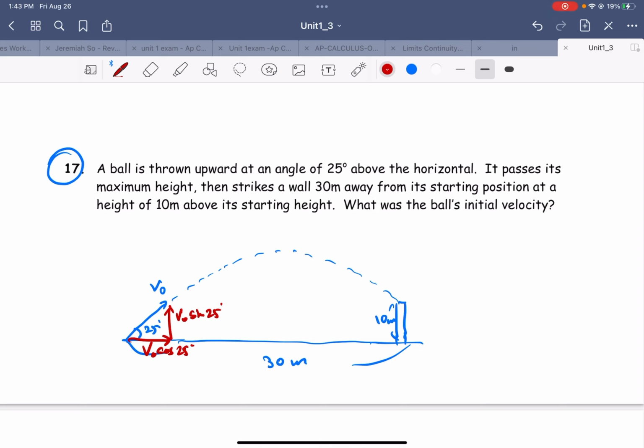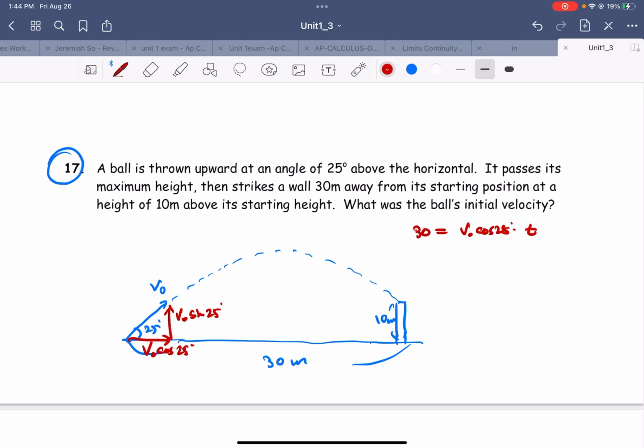Now let's say 30 meters horizontal. You take your velocity v naught cosine 25 times t. Rate times time is that distance. We don't know the initial velocity and also the time, but let's leave it like that.